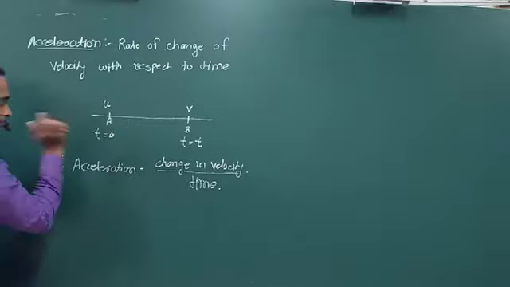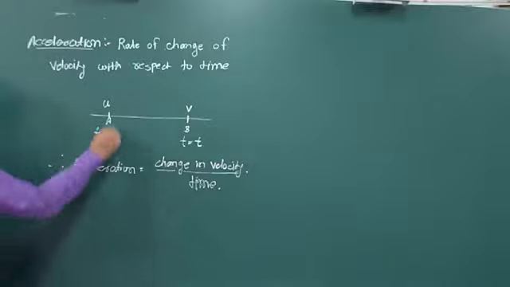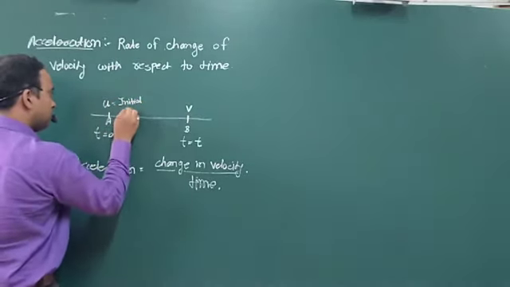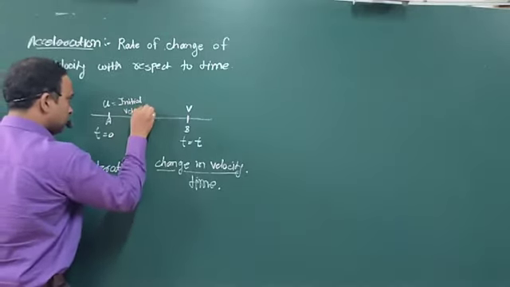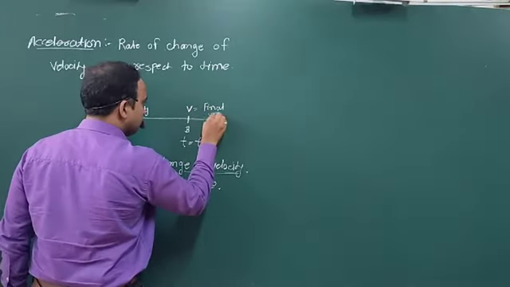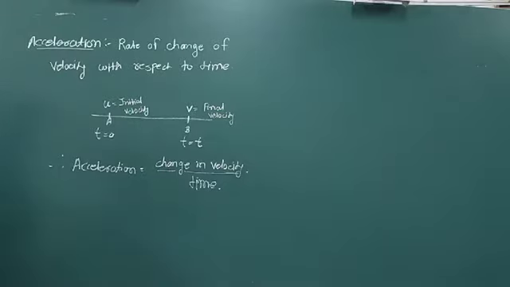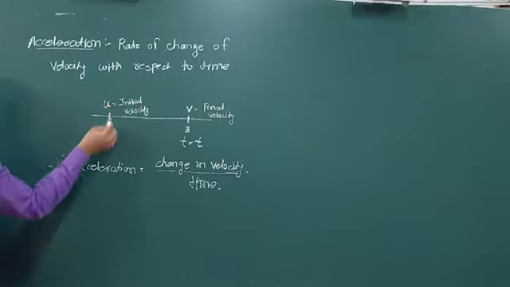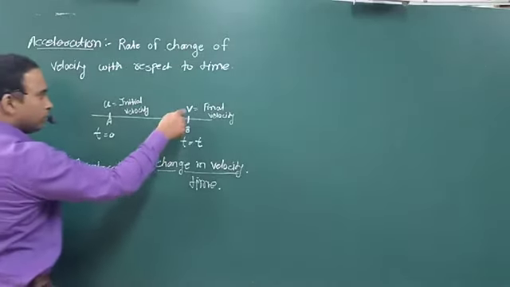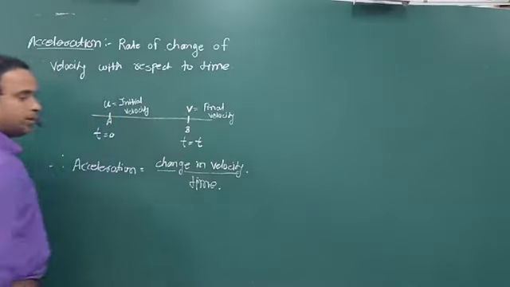Now observe this figure. Let u be the initial velocity at time t equal to 0, and v be the final velocity at time t equal to t.